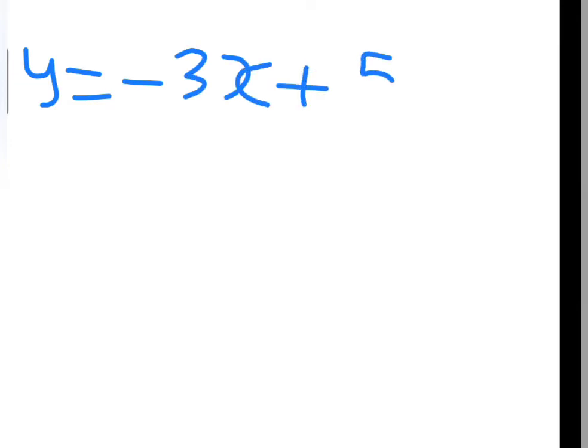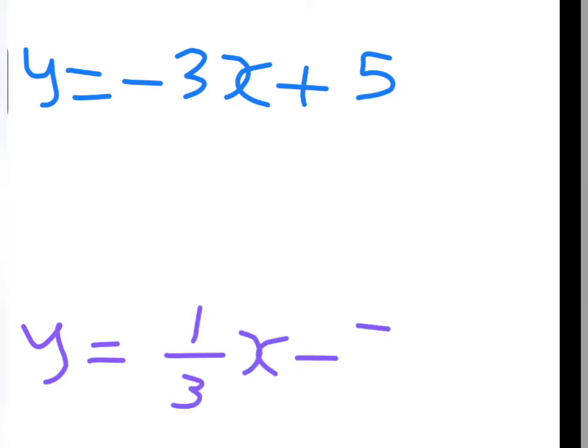Now if I have this equation here, y equals negative 3x plus 5, and another equation which is y equals 1 over 3 x minus 7.